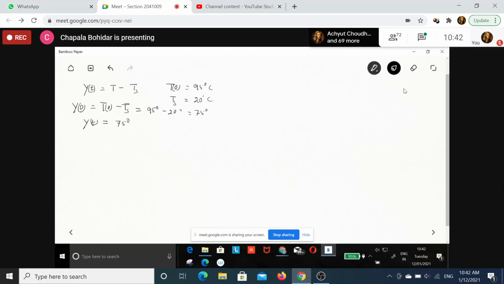Then e to the power kt. Then my aim is to find out the value of k. So what is the given question?